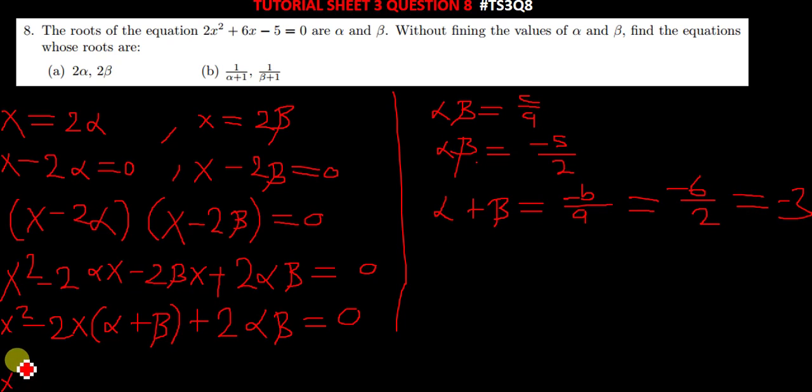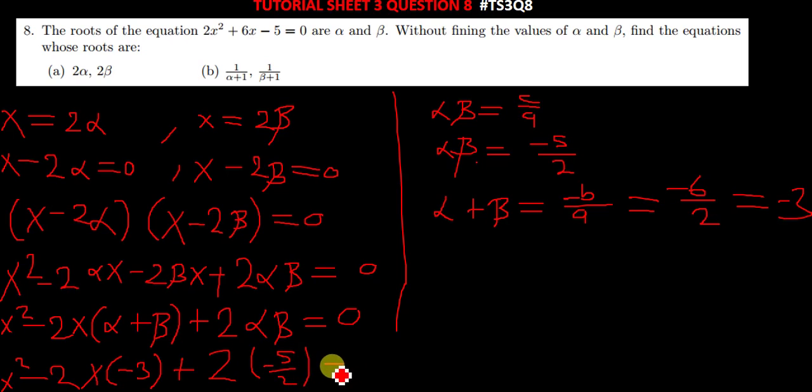So this is what I'm going to have: minus 2x, I'll put my negative 3 there, and then I'm going to put my negative 5 over 2 there. Here it's just a matter of simplifying the equation. You multiply 2x times negative 3, you find the final answer.